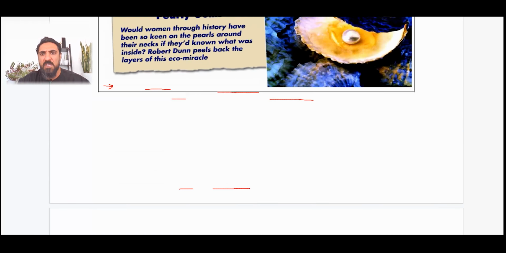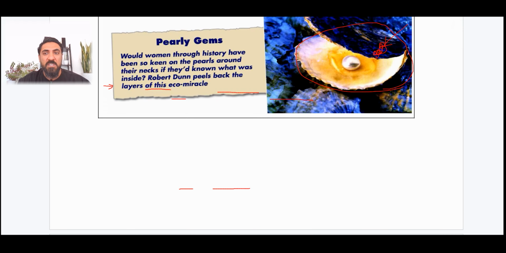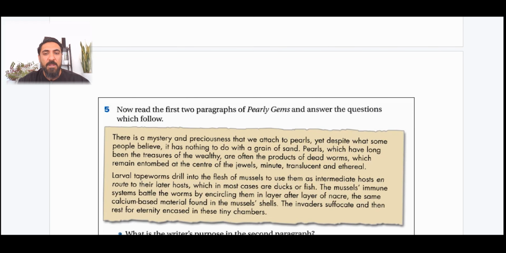This is a mussel. As you can see, the shell, the worm goes inside the shell and it drills inside this shell. And afterwards, the ducks or the fish eat this, and they go inside the bodies of ducks and fish. So the later hosts are ducks and fish.